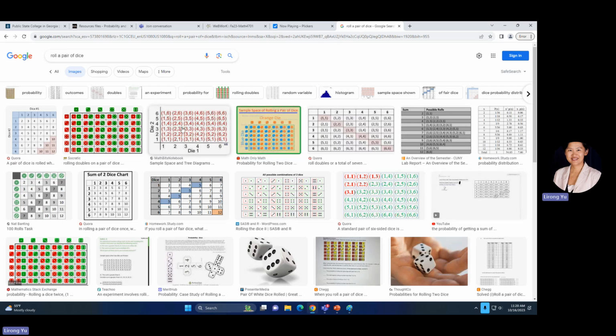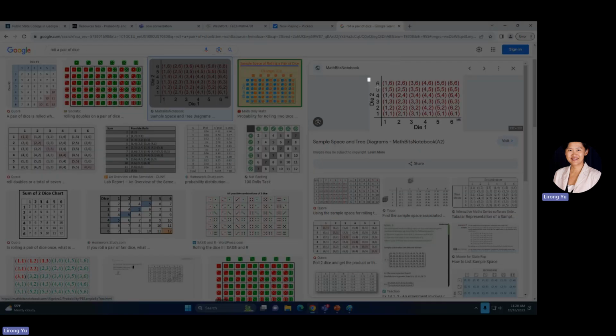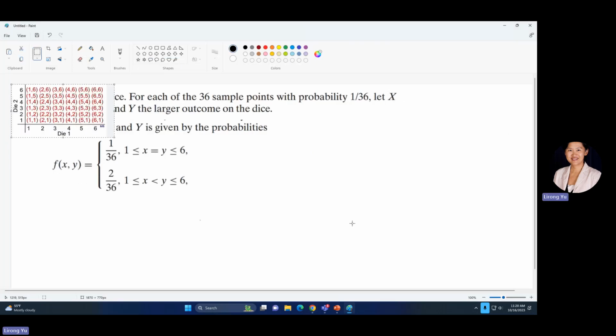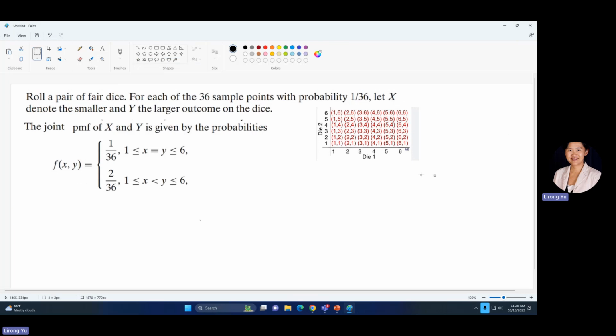All of these are fine, but numbers are a little easier than the picture of the dice. So here we are. Okay, so let's think about the x value and y value. Because of the original identification of them, if we list the x and y, I'm trying to put them on the table as I mentioned.